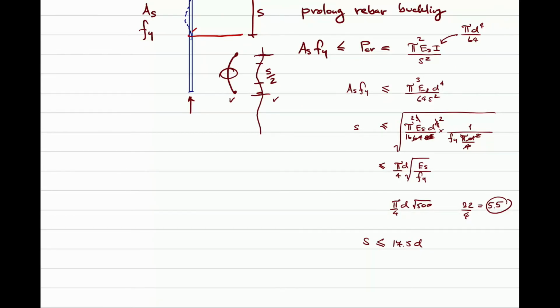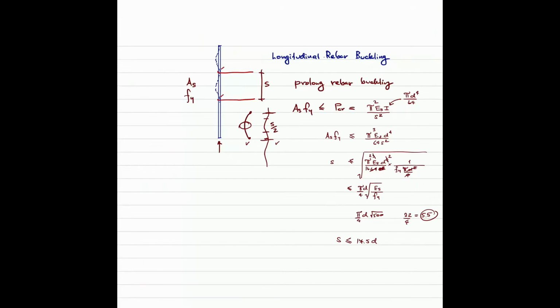So S has to be less than this number, 17 times the diameter. That means for the diameter of 12, it has to be less than about 20 centimeters.